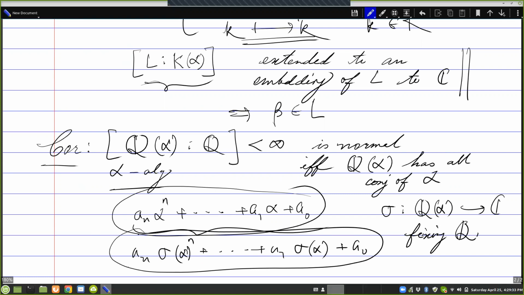From that it will follow that all conjugates of alpha must be there. I leave the details to you.